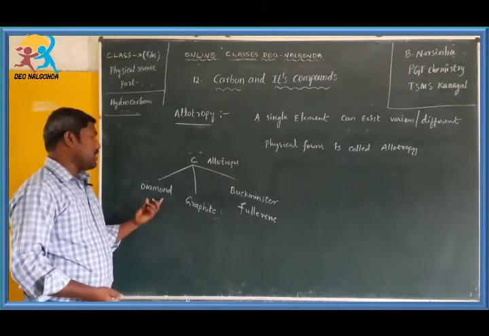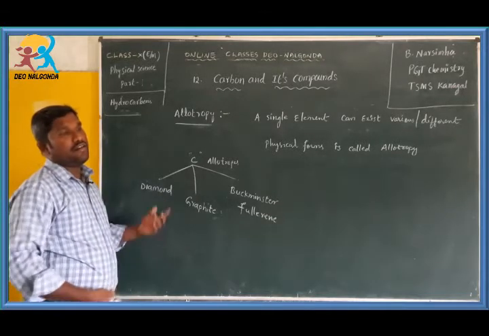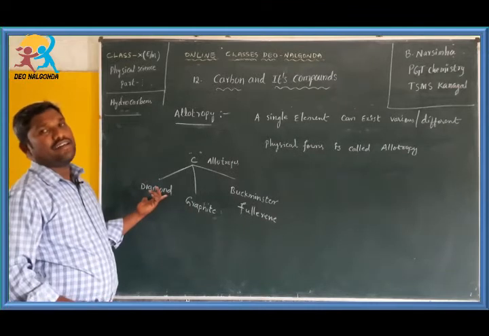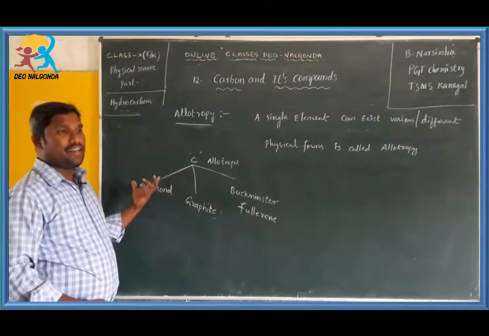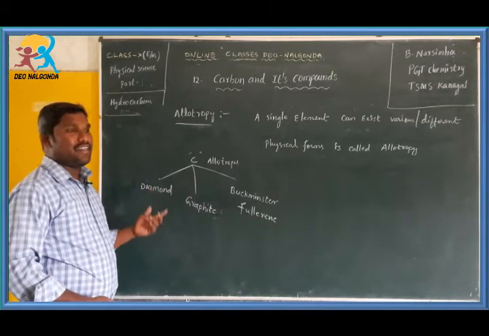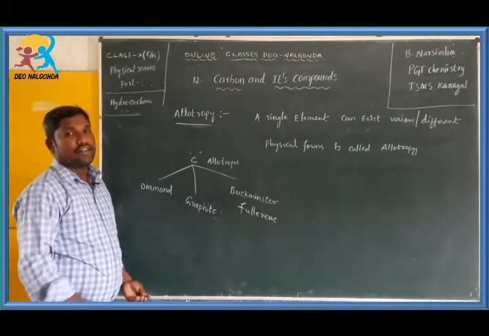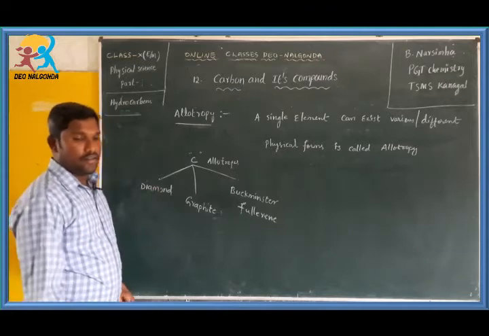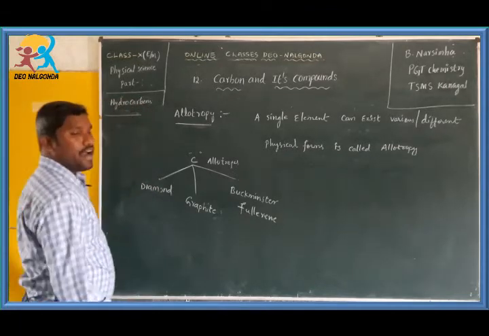First one is diamond. Diamond is a hard, bulky molecule with brightness, containing sp3 hybridization and a tetrahedral arrangement.